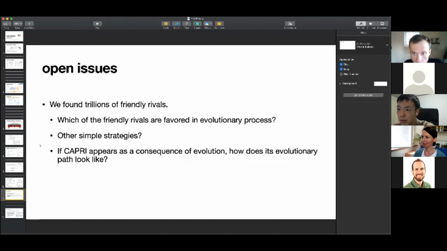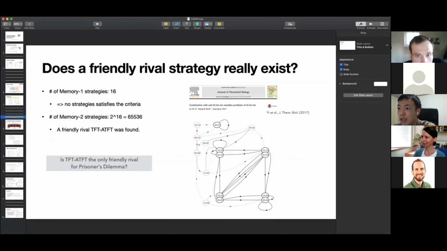Okay, so it is interpretable. One of the interpretable strategies is called tit for tat, anti-tit for tat. And actually it is found in a previous paper by E. et al. So tit for tat, anti-tit for tat is a combination of tit for tat and its opposite behavior.